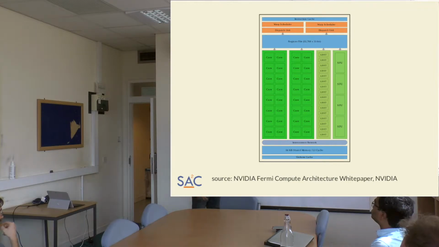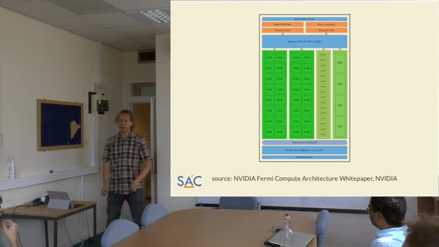Then you have separate load and store units, which are capable of loading and storing from the shared memory half the number of floats as you have cores. So they read one cache line at a time. And then you have some special function units that can execute more complicated functions.